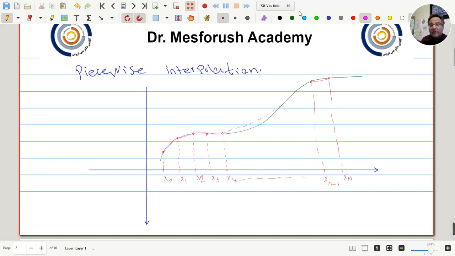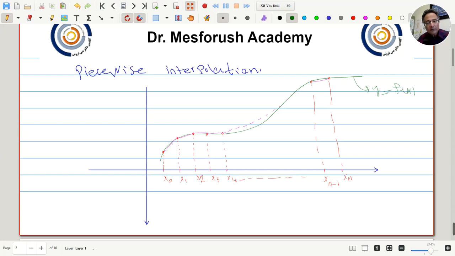Okay, if we call this function y equal to f of x, we call this piecewise lines the piecewise interpolation polynomial for f. In fact, we interpolate the function y equal to f of x by linear functions.